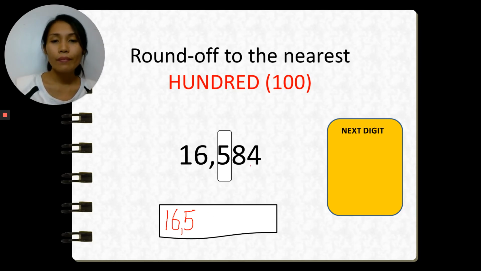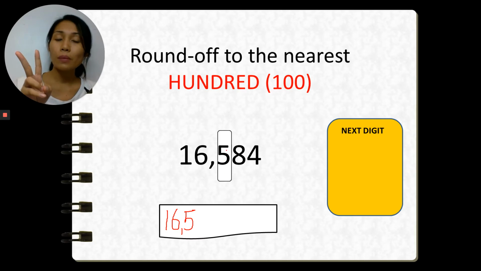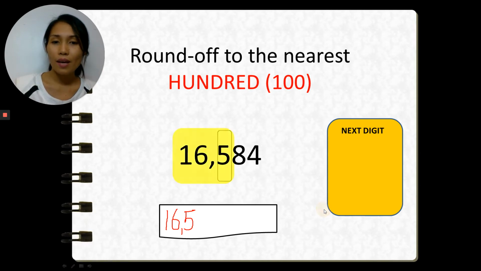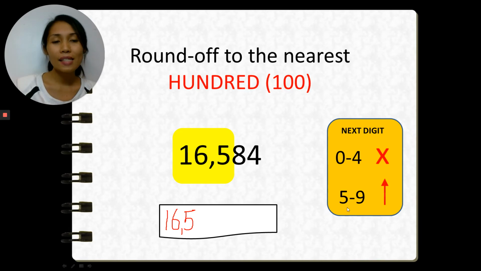Now, rule number 2, it's about the next digit. Okay, so the hundreds place is 5. So what is the next digit? Okay, the next digit is 8, right?